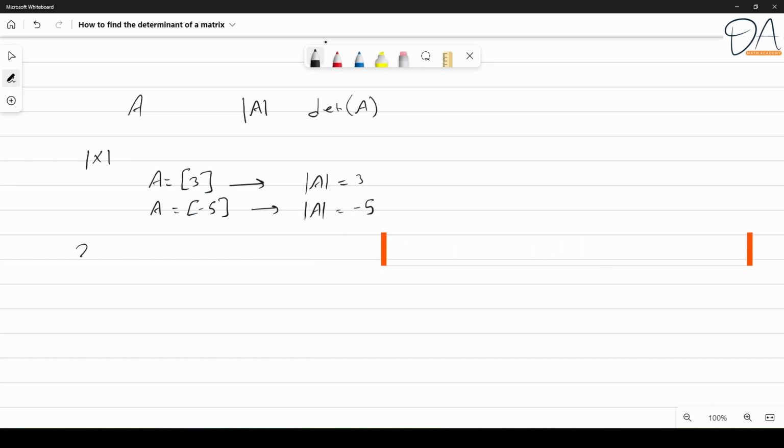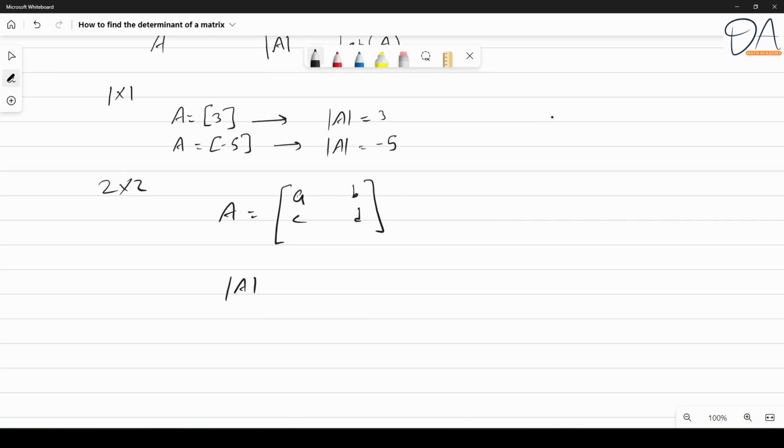Now let's look at the case when you have 2 by 2. If you have a matrix like this, a, b, c, and d, this is 2 by 2. You can calculate the determinant as follows. You multiply the elements of the main diagonal, a times d, minus the two other elements, c times b.